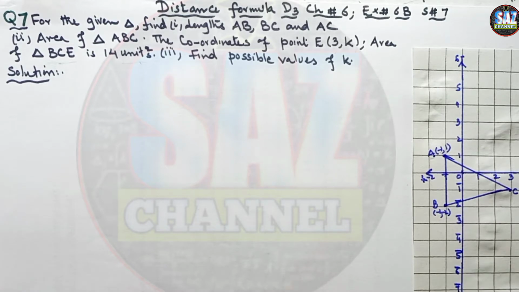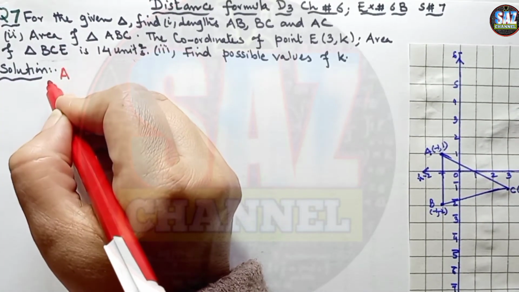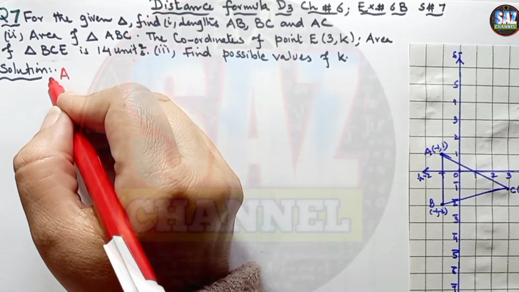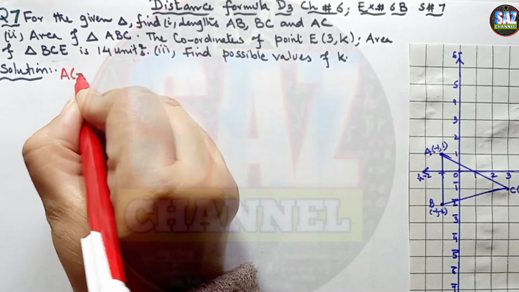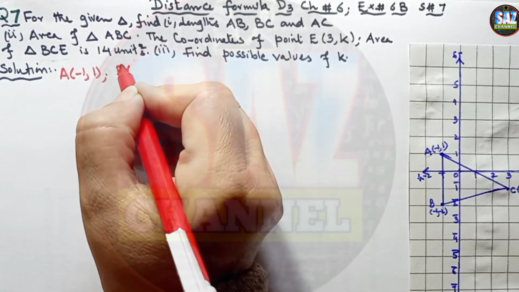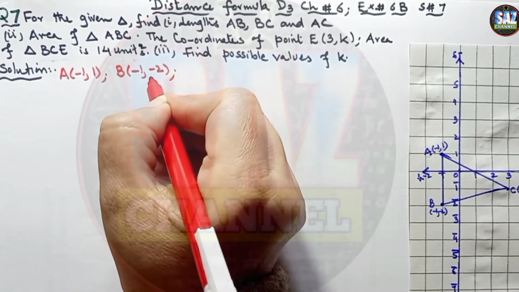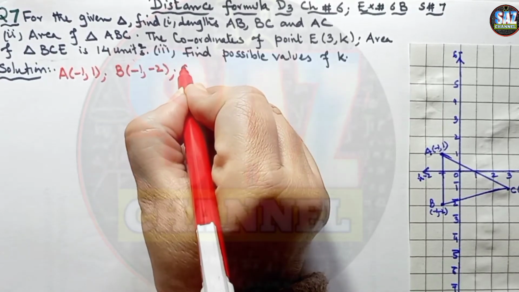The first requirement of the question is that we have to find the lengths AB, BC and AC. Given points are: A has the coordinates (-1, 1), B has the coordinates (-1, -2), and C has the coordinates (3, -1).